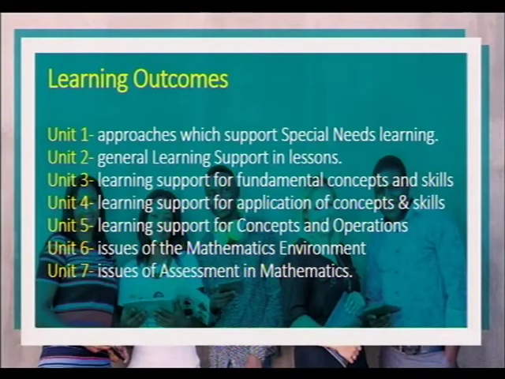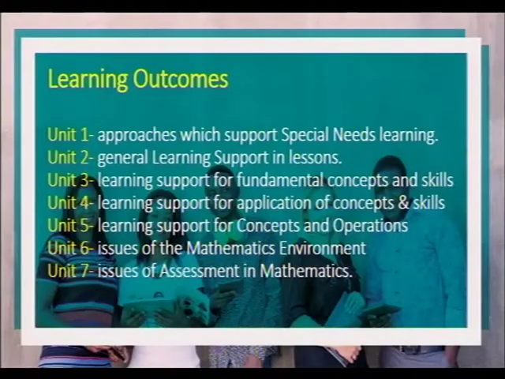In this module, we have 7 outcomes. And these are the 7 learning outcomes. Unit 1, the approaches which support special needs learning. Unit 2, the general learning support in lessons. Unit 3, learning support for fundamental concepts and skills.